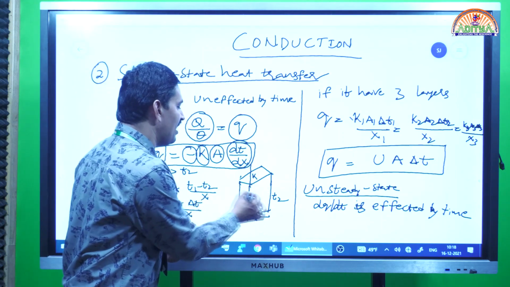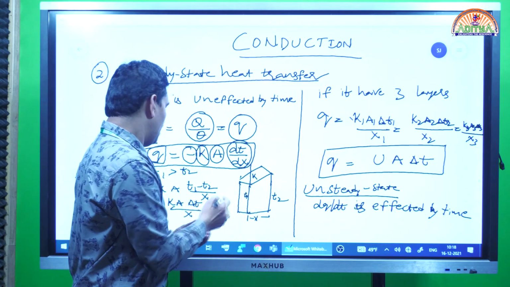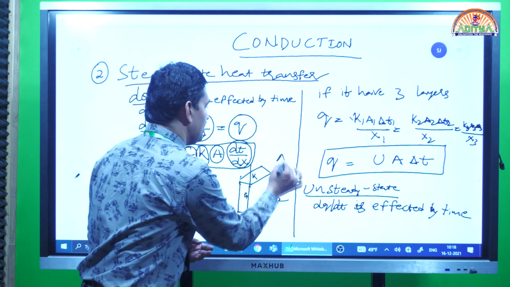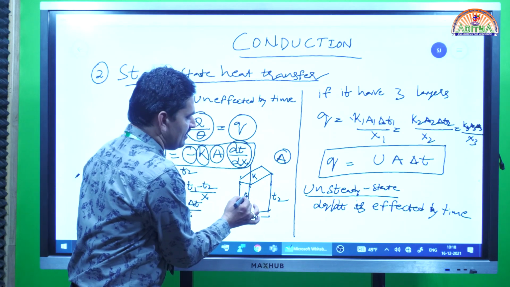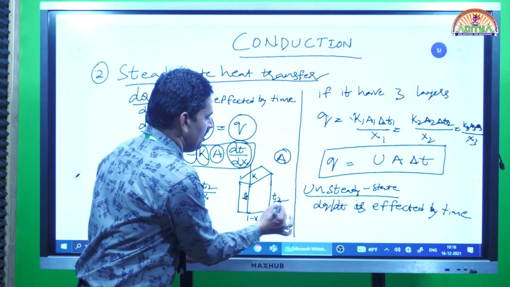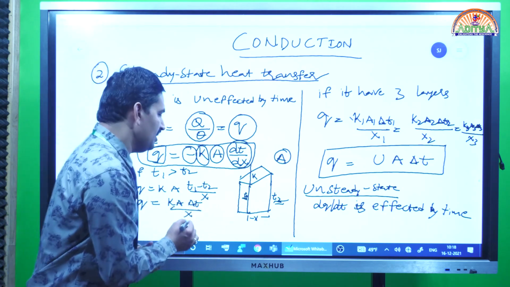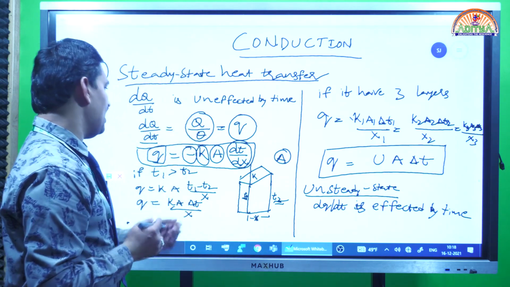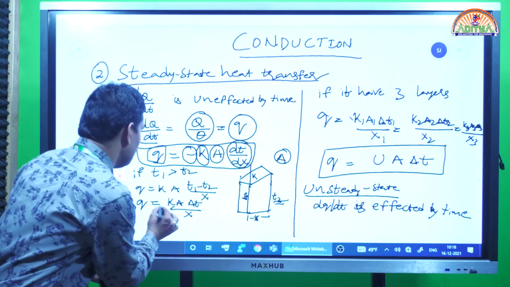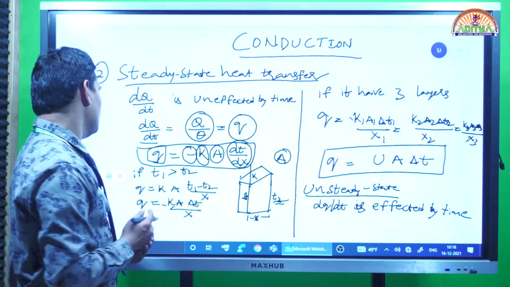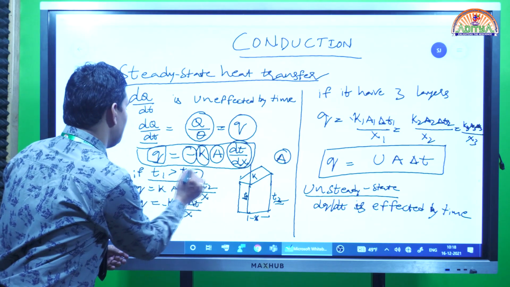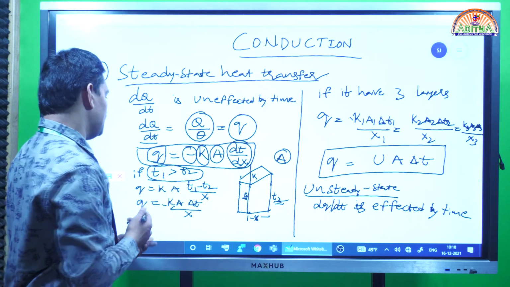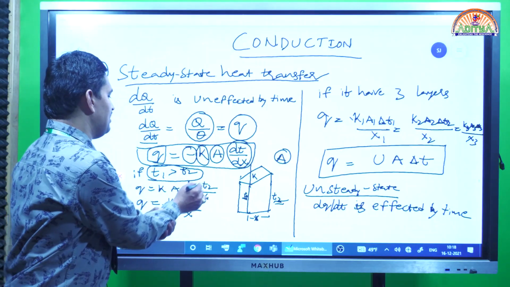That means a slab having two faces and a particular surface area A, where one surface has temperature T1 and another surface has temperature T2, with a thickness of X. If we consider T1 is greater than T2, then we can write the equation for heat transfer where Q is equal to kA (T1 minus T2) by X.